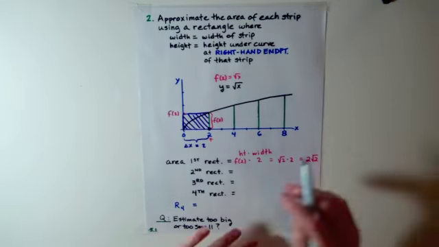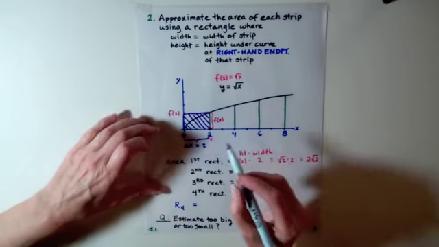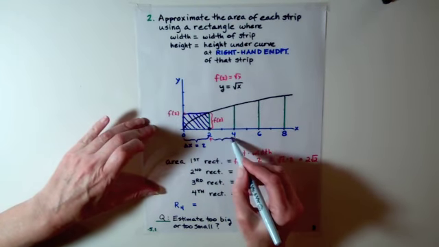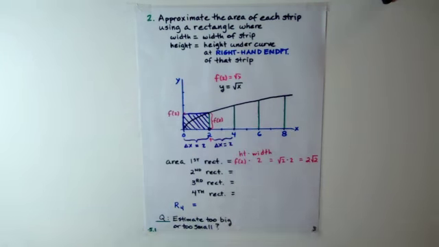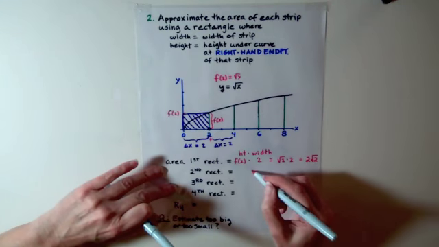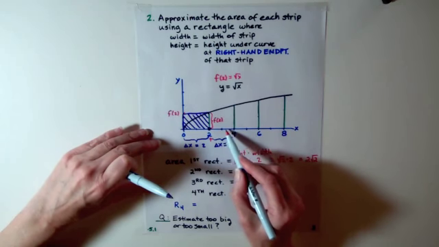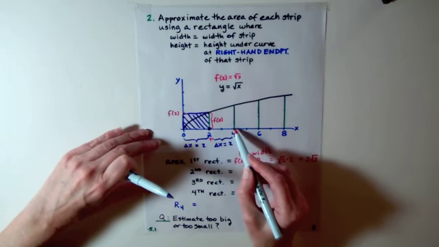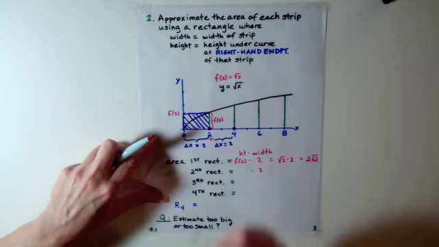Now we move to the next strip. And if I look at the next strip, it goes from an x value of 2 to 4. We can see that the width is exactly the same as the width of the last strip. So the width is still equal to 2. And I want to figure out the height of that rectangle by going to the right-hand endpoint of that subinterval, and that would be the x value of 4.